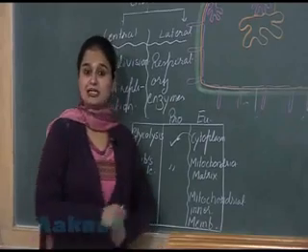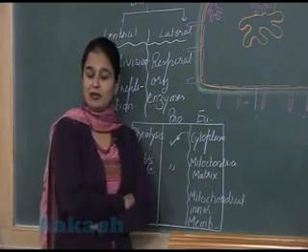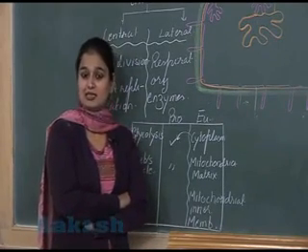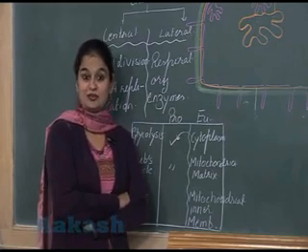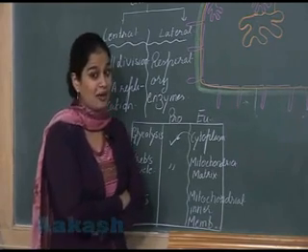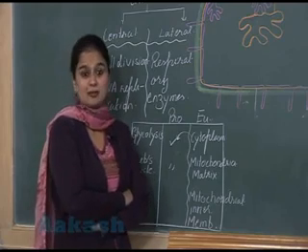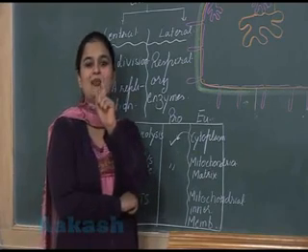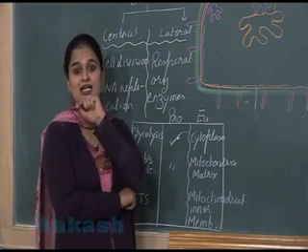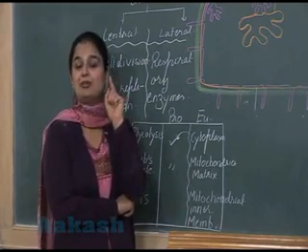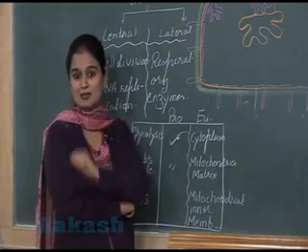Whenever the ETS occurs, one of the essentials is the presence of a membrane. As in the prokaryotes the membrane-bound organelles are absent, only one membrane is present. Which is that membrane? That is the plasma membrane, cell membrane.